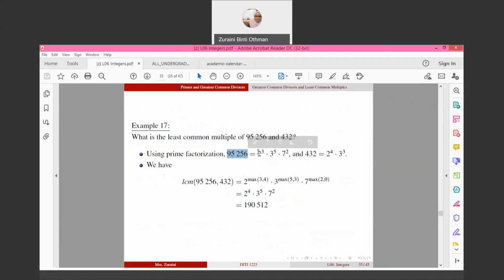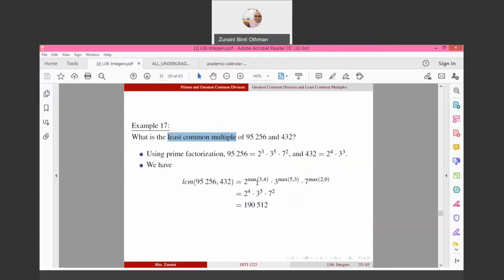Okay, for example here, kita nak cari least common multiple untuk number 95256 ni, kita cari by using the previous punya, nak cari prime factorization. Okay, so now here pun sama juga, kita nak cari dia punya prime factorization dulu sebelum kita nak cari least common multiple. So here kita cari notation yang sama, 2. Sebelah dua-dua ada 2 kan? 2 kuasa 3 dengan 4 kat sini. So kat sini tak ada 3. Kat sini ada 3, 3 kuasa 5 dan 3. Then there is 7 there, but there is no 7 for the other.